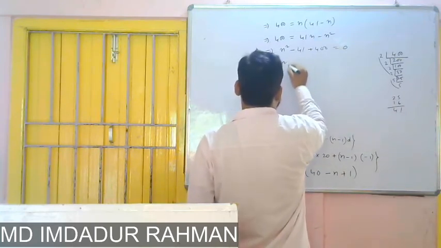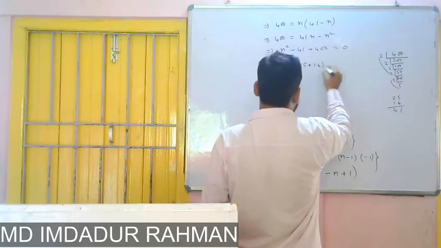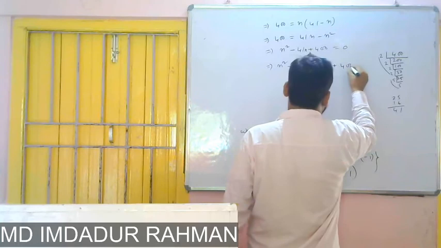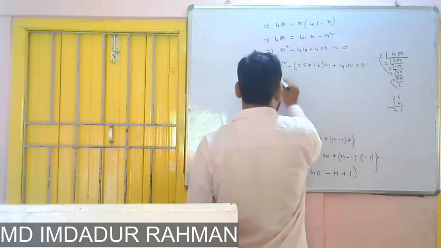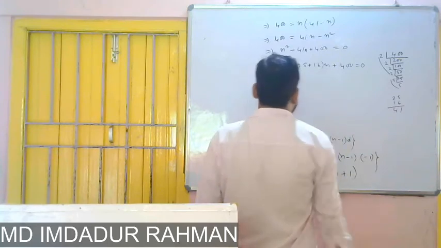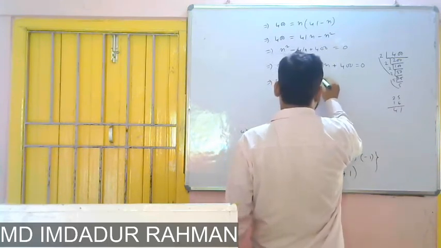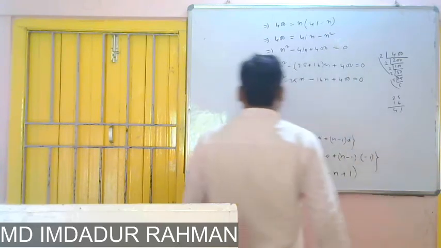n square minus 25n minus 16n plus 400 is equal to 0.